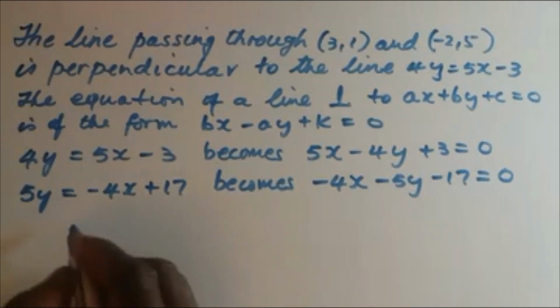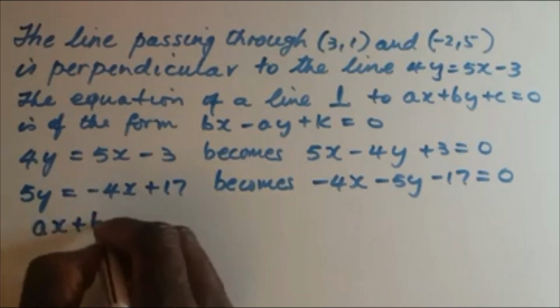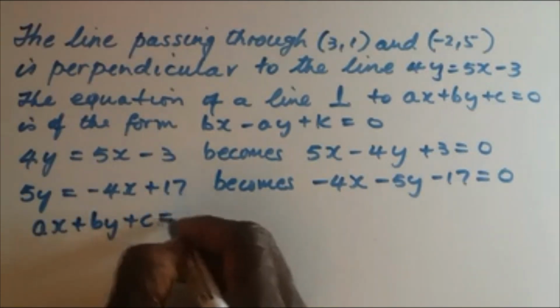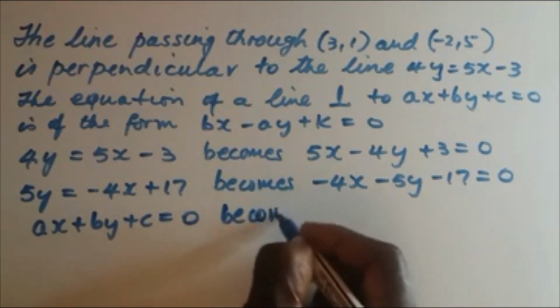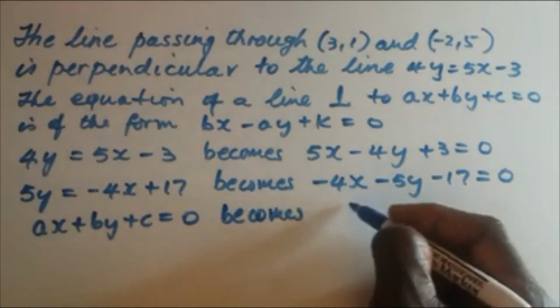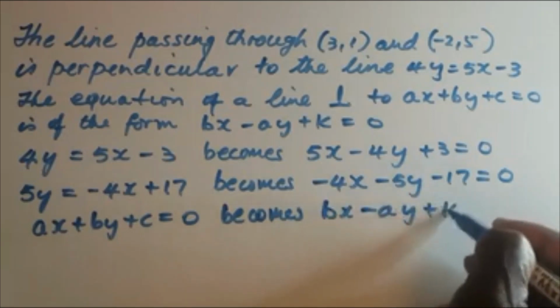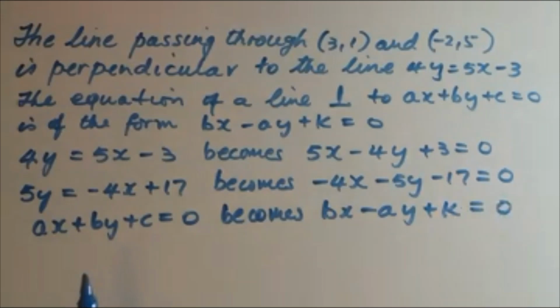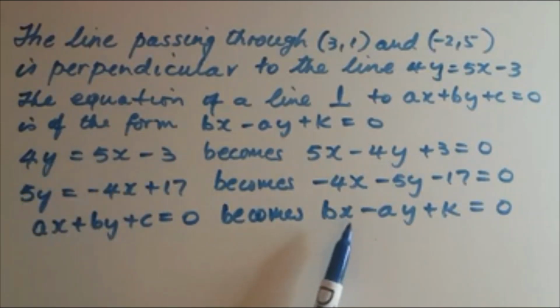And remember, if the line is in this form, it becomes bx - ay + k = 0. So if this is perpendicular to this, then we have this change from ax + by + c to bx - ay + k.